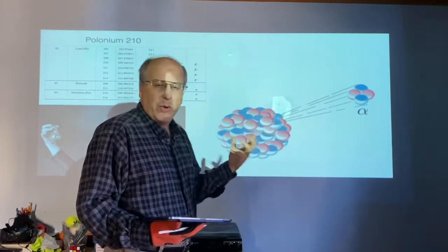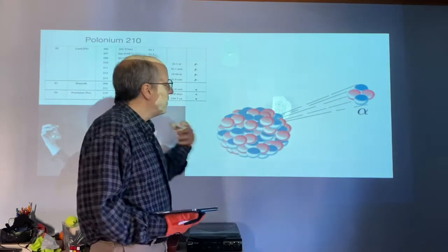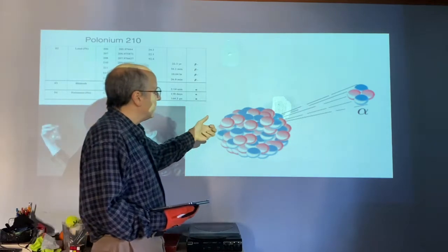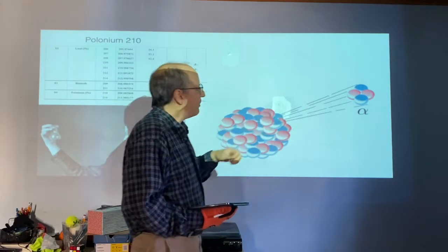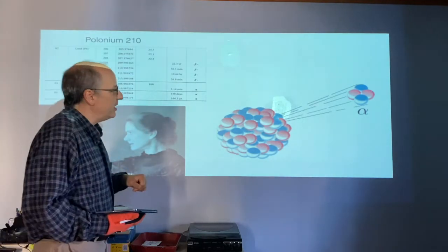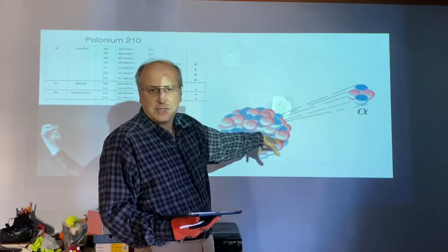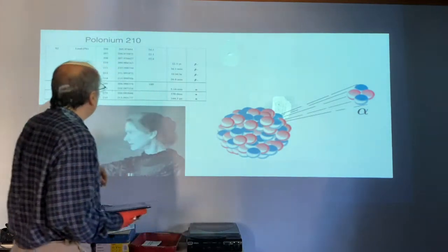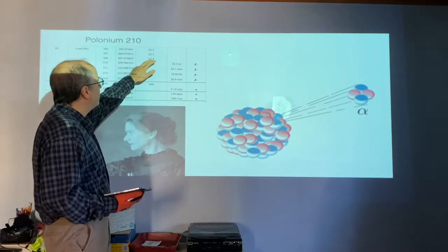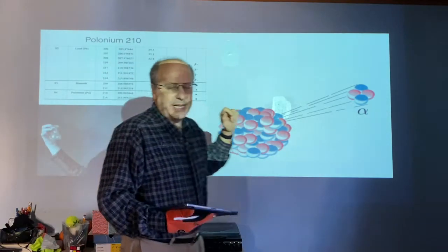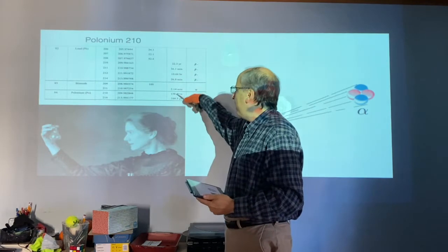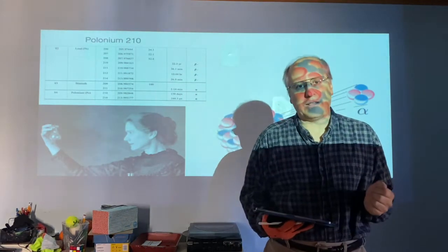We can't predict when it's going to happen, but we do know when it happens, it will turn into another isotope, and the alpha particle will shoot out into space, and the energy is caused by the loss of mass for the system. We know that there are many isotopes which are 100% stable, and we know that some isotopes have long half-lives and others have short half-lives.